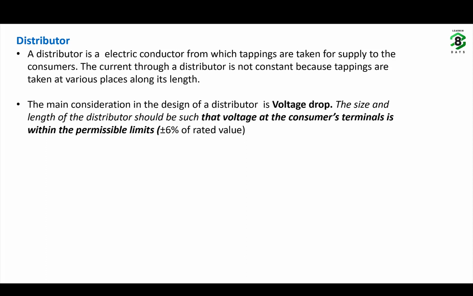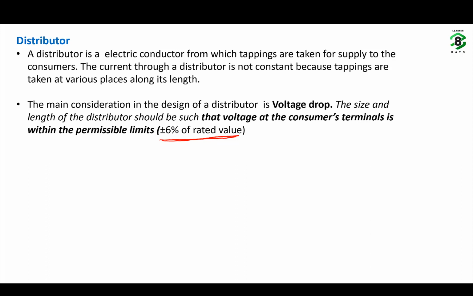The permissible voltage fluctuation is plus or minus 6% of the rated voltage. This figure can vary from one state to another. In general, if you have the voltage fluctuations within plus or minus 6% of the nominal voltage, then we say that it has a proper voltage profile.